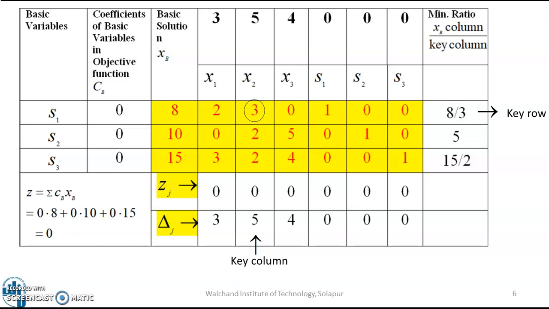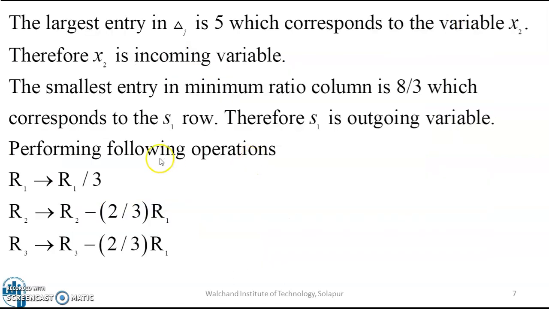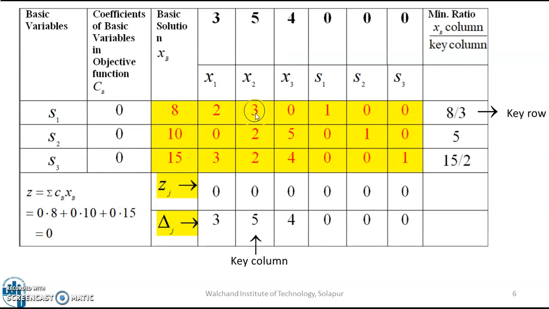Okay. Now the next step is that we have to convert this 3 to 1 and the remaining elements lying below this 3 to 0 by performing row operations. Now this is what we just discussed: x2 is the incoming variable and s1 will be the outgoing variable. To convert this entry to 1, we divide this row by 3.